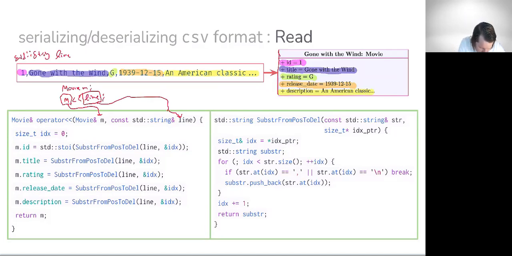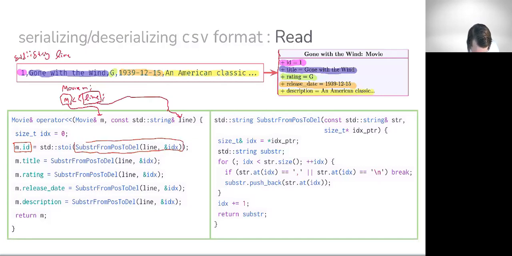To populate the ID field, I'm going to call a function, which is going to return a string. Because this field contains an integer, the in-memory representation is of type integer, so I'm going to have to convert the string that's returned by my function into an integer. But let's focus on this first. Here's the idea.